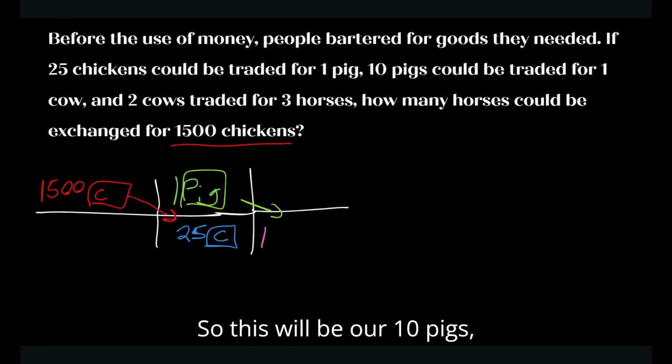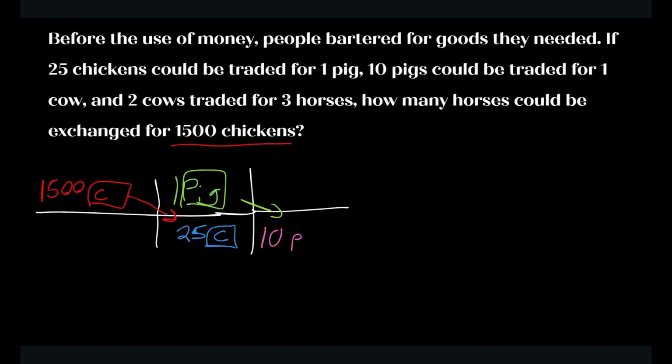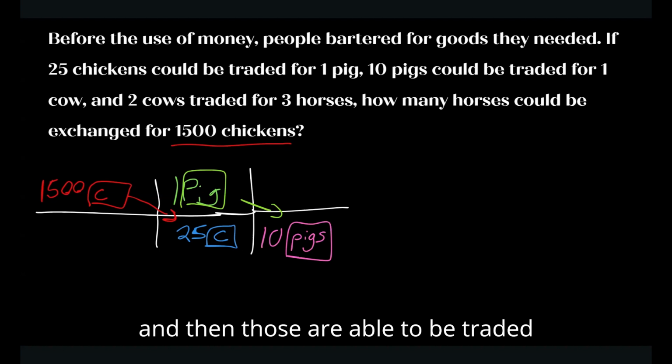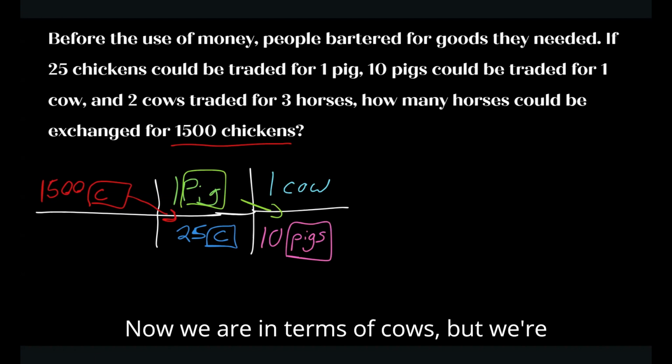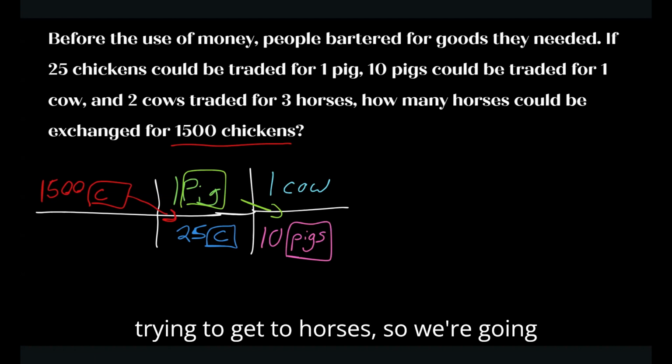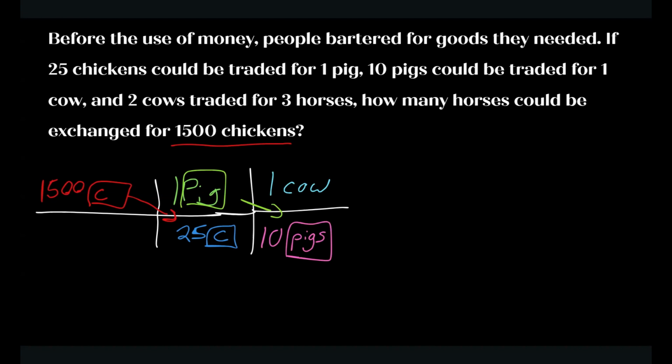So this will be our 10 pigs. And then those are able to be traded for one cow. Now, we are in terms of cows, but we're trying to get to horses. So we're going to have one more expansion of our chart.